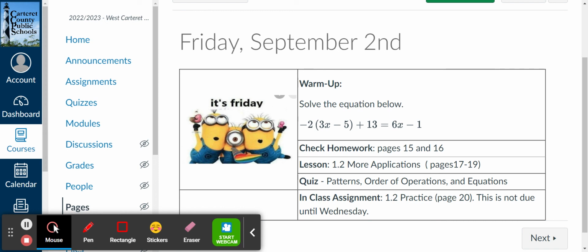4x plus, when I combine my like terms for the constants, 12 equals 60. Subtract 12 from both sides. 4x equals 48. Divide both sides by 4, and I find out that x equals 12.